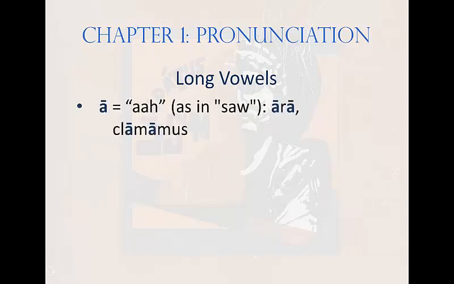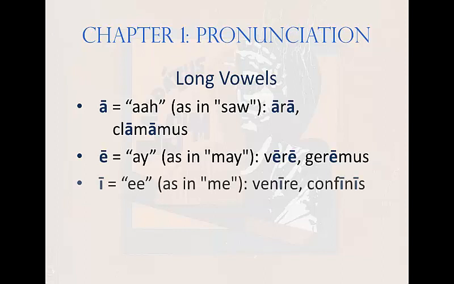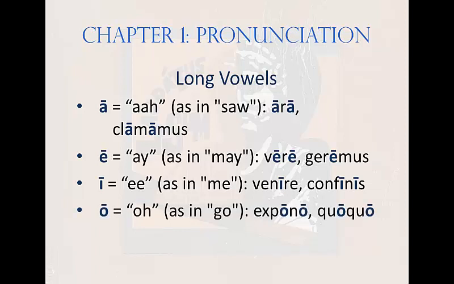The long vowels in Latin are as follows: A, as in ara, or clamamus. E, as in vere, or geremus. I, as in venire, or confinis. O, as in expono, or quoquo. Yes, there's a Latin word quoquo.